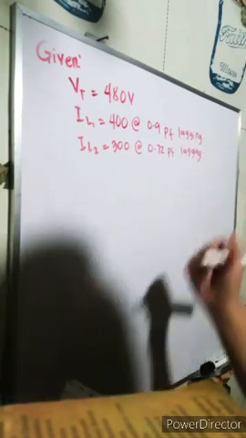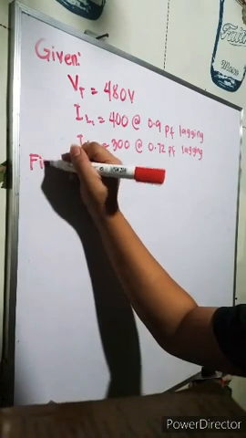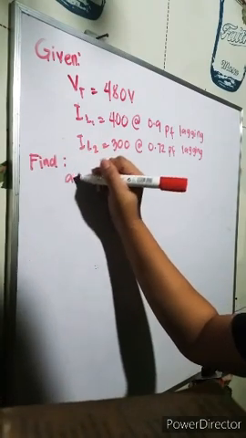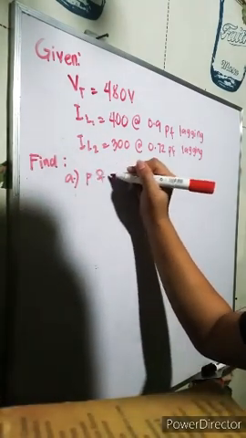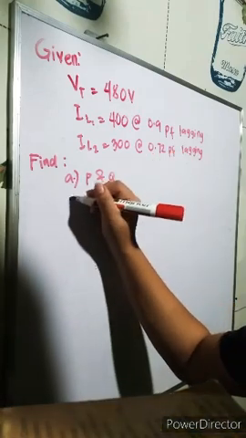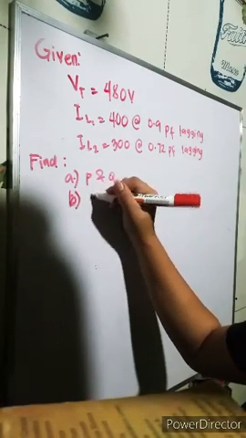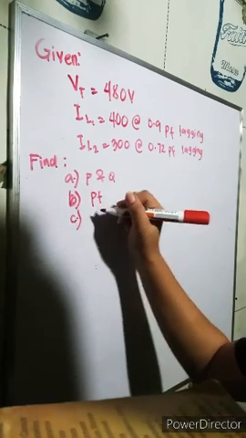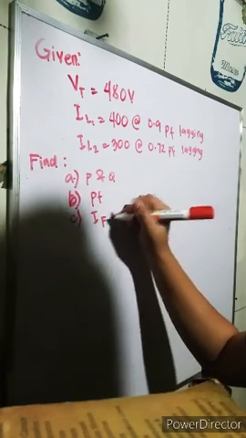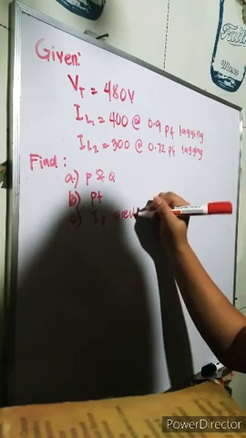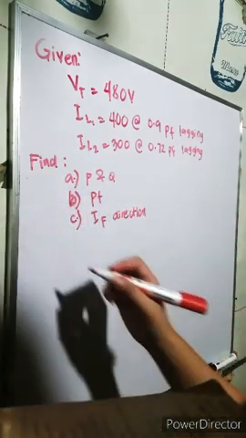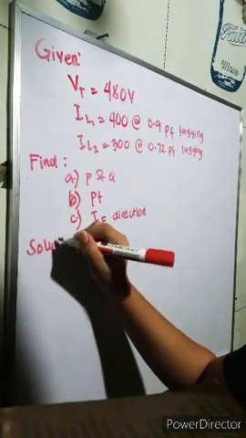We are instructed to find the following. A, the real and reactive power supplied by each generator to the load. B, the overall power factor of the load. And C, in what direction must the field current on each generator be adjusted in order for them to operate at the same power factor.